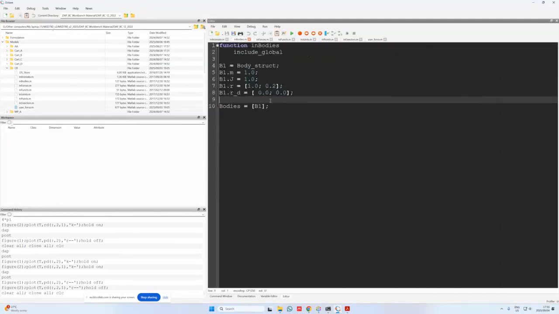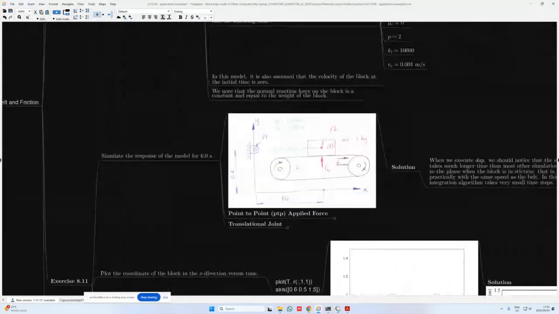Right, so starting off with in bodies, you'll note in this case that I only specify a single body, body 1, which is the actual box or the crate or object that is being translated on the conveyor belt. I can increase the complexity of the mechanism by also modeling the conveyor belt itself, but it doesn't really make sense since I don't have a lot of information with regards to the conveyor belt.